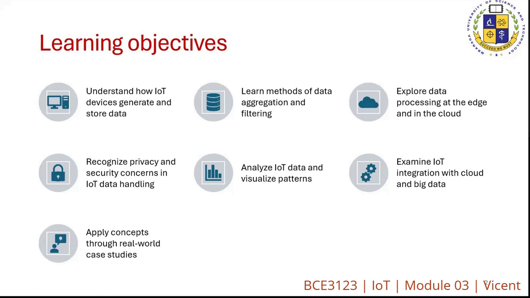You should also be able to describe data processing at the edge versus in the cloud. Last week we talked about edge computing, and I'm sure by this time you understand what edge computing is, and you can explain it to your friend or to yourself as well.